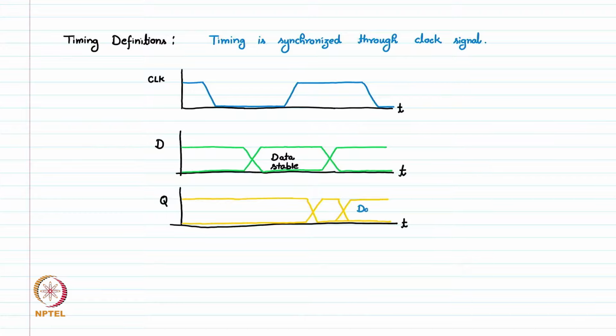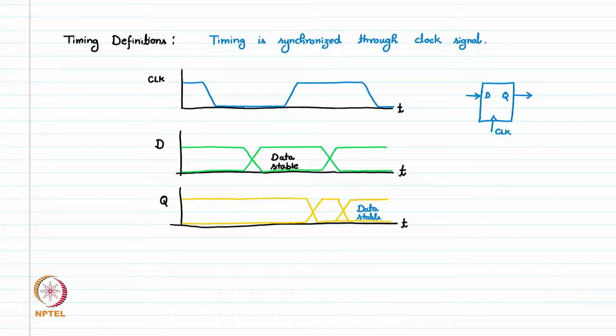This is where the data is stable. And this we have made, let's say, for D type register, which we just saw in the last slide. We have this clock signal at this place. Then we have D. D is the input to this register, and then we have Q, which is the output.